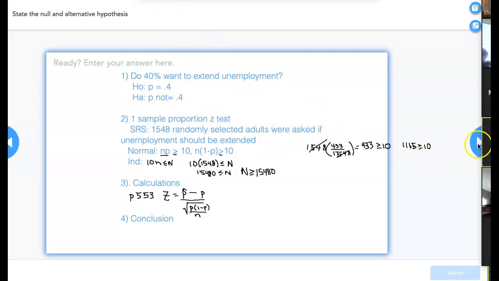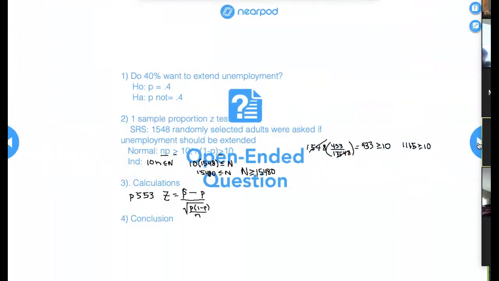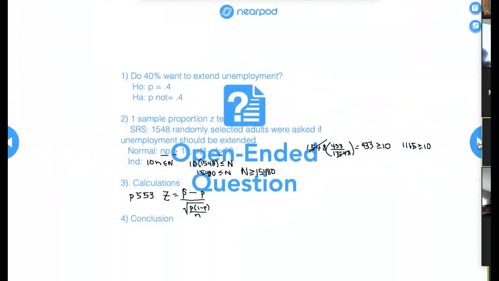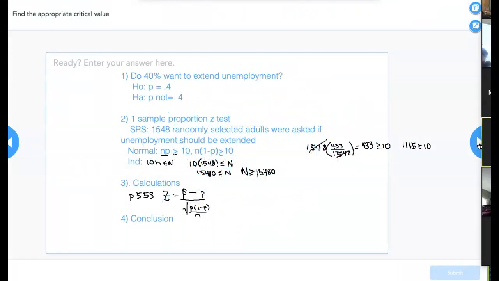I think I had this all set up for find the appropriate critical value. I'll get to that in a minute. So we're going to drop our numbers in there. Oh, by the way, what is p hat? We should list all calculations that you do. Anytime you got numbers and stuff, besides checking for normal and independence, you should put it here in the calculations portion of the problem.